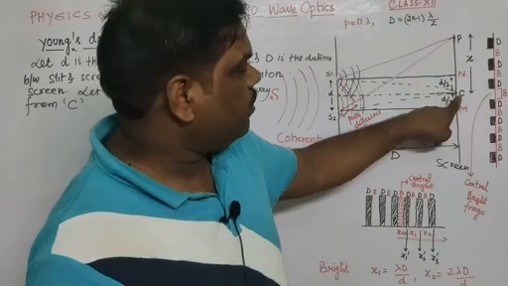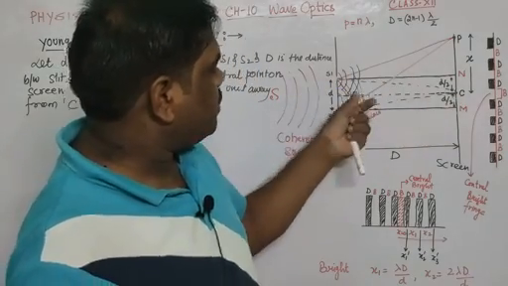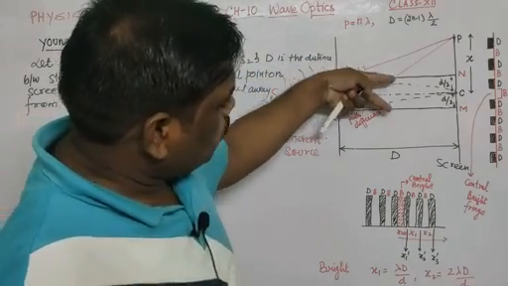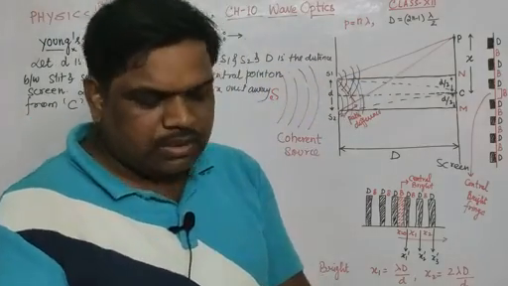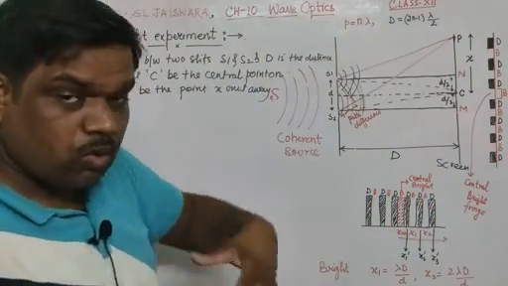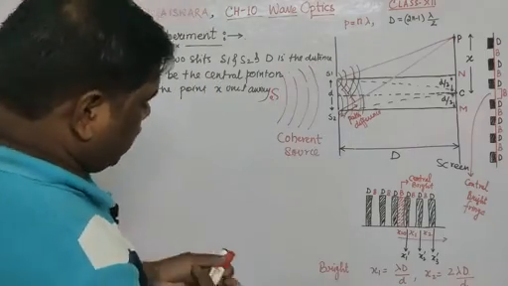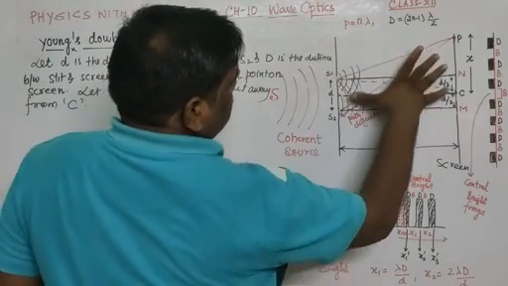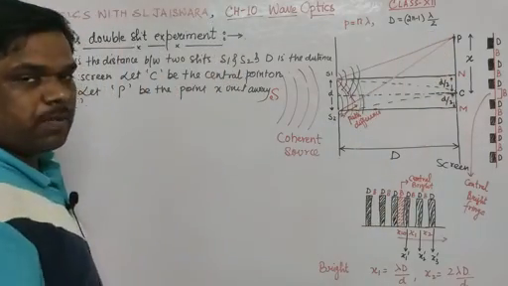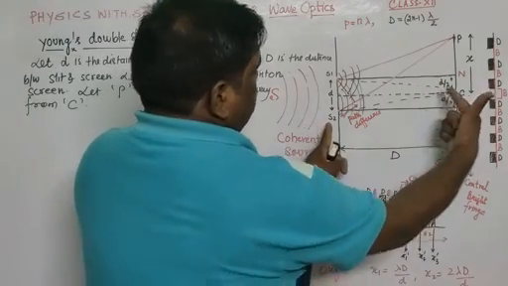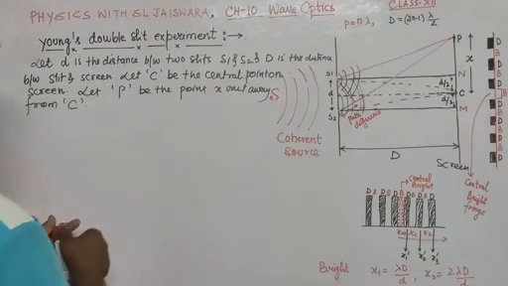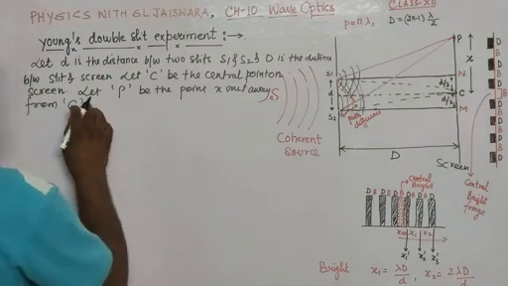At point C, what will be the path difference of both the waves coming from sources S1 and S2? Very good. The path difference will be 0. But at this location, there will be a path difference. So let us calculate it. This much distance minus this much distance will give the path difference, meaning S2P minus S1P.